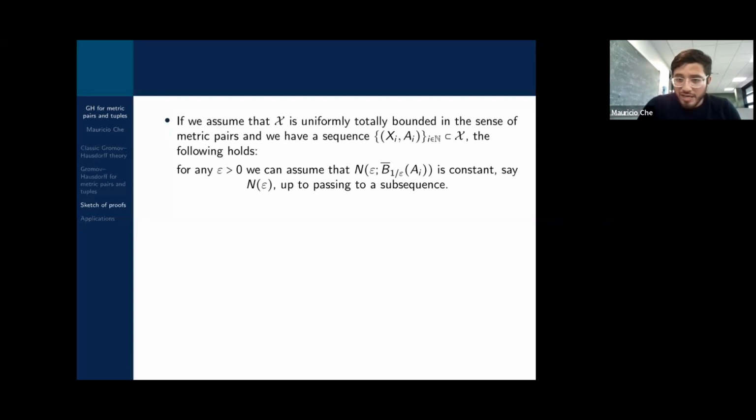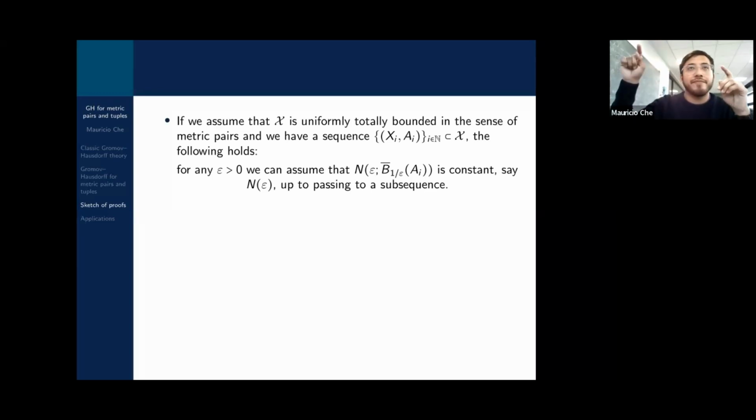And why can we do that? Because uniformly totally bounded means that these covering numbers are uniformly bounded by some positive number. But then, the integers between 0 and that number are a finite number of integers, right? And those integers do not depend on the elements of the collection of spaces. It just depends on epsilon.